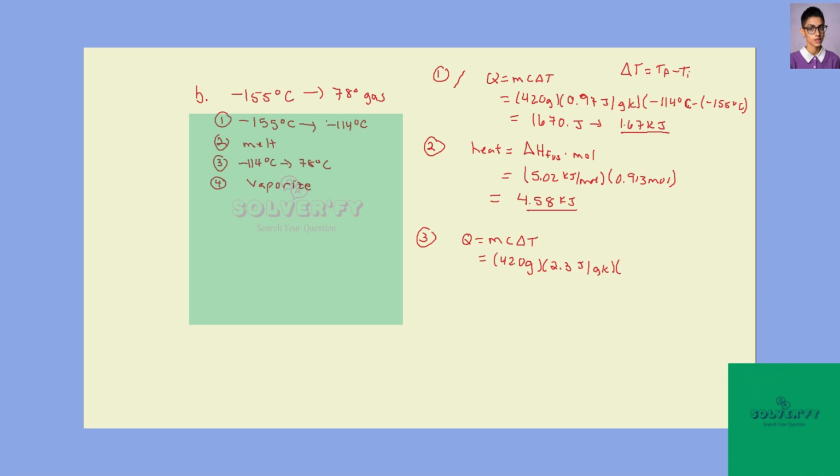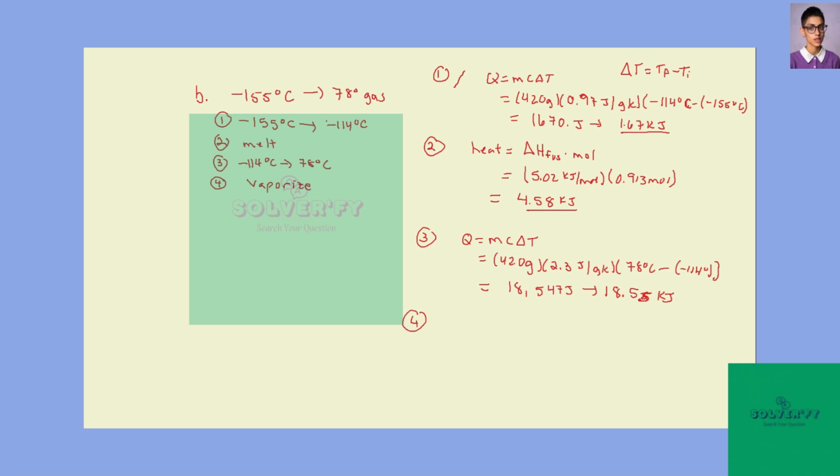And the change in temperature is the final temperature of 78 degrees Celsius minus the initial temperature of negative 114 degrees Celsius. And for that, I get 18,547 joules. Dividing by 1,000, that is 18.55 kilojoules. I'm not going to worry about rounding in the middle of this problem.